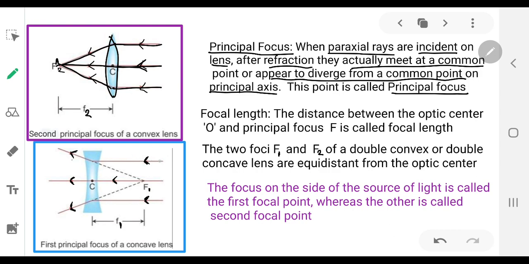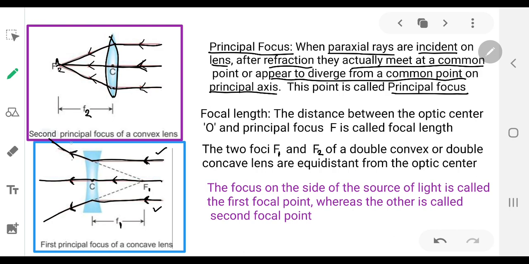In case of a concave lens, these are the incident rays. The center ray of light is passing through the optic center, so it is passing undeviated. The two rays, after passing through the concave lens, are refracting. How are they refracting? They are getting diverged. They are not meeting each other at all.